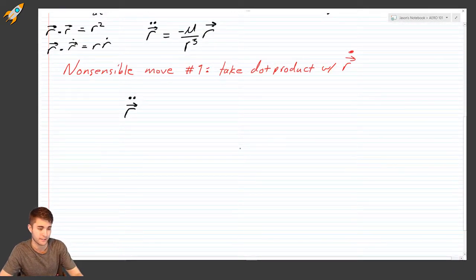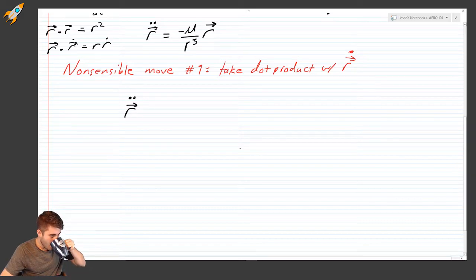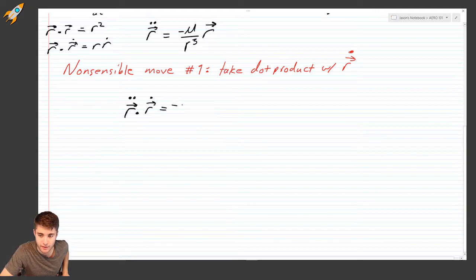So we've got r double dot, the dot product of acceleration with velocity, right? Because we're just taking this equation and taking the dot product of both sides with r dot: mu over r cubed, r dotted with velocity.